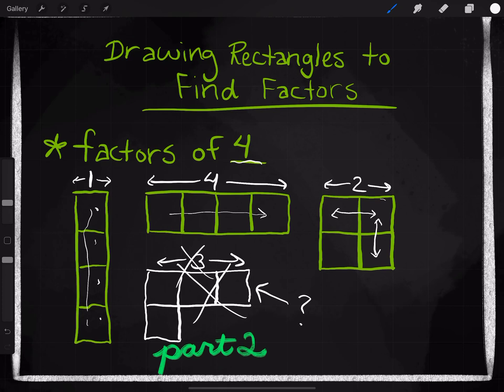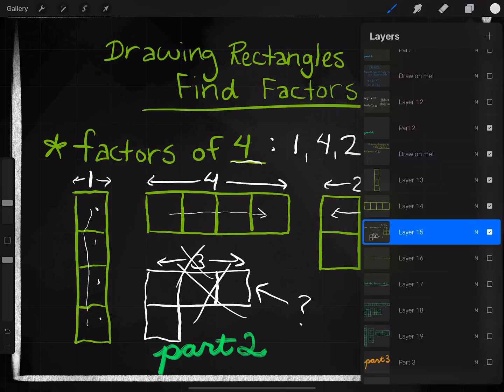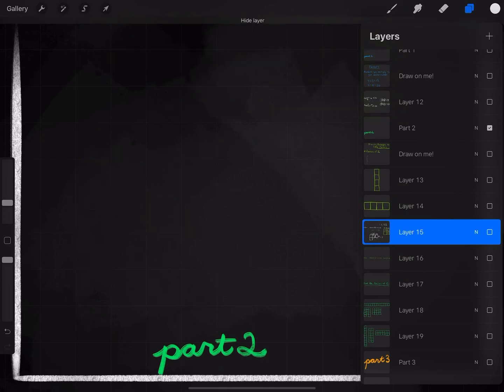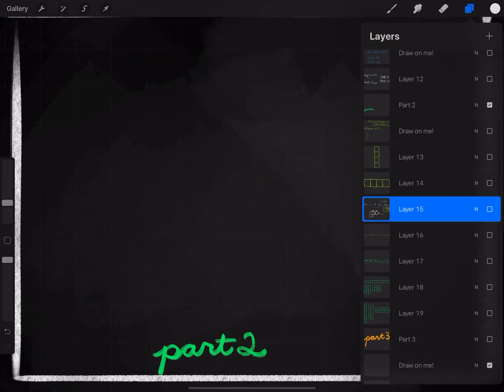So I could write for the factors of 4, 1, 4, and 2. Let's erase these.